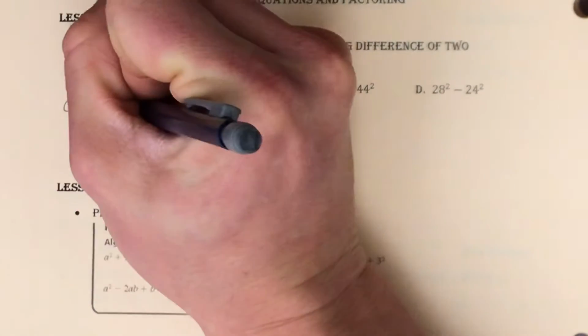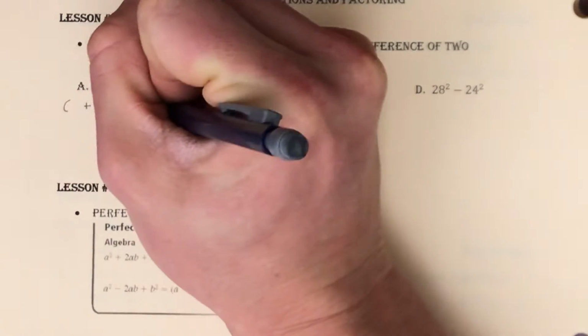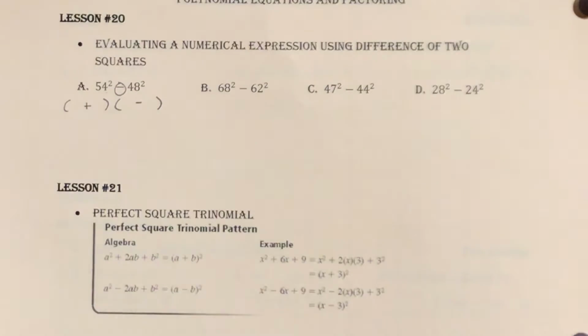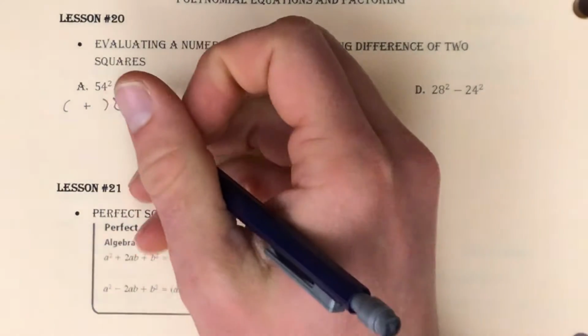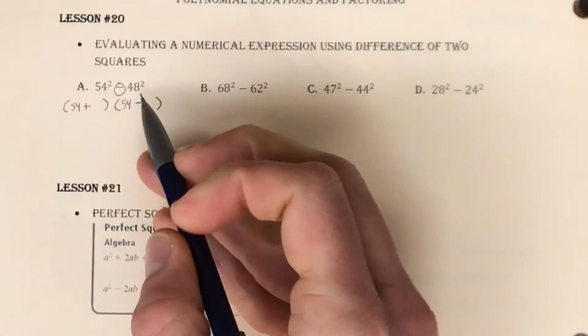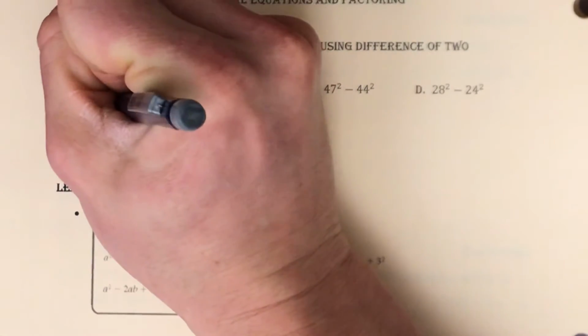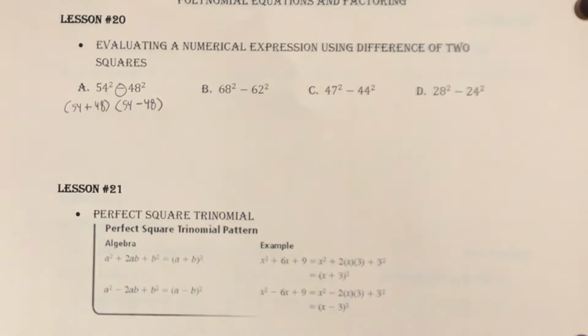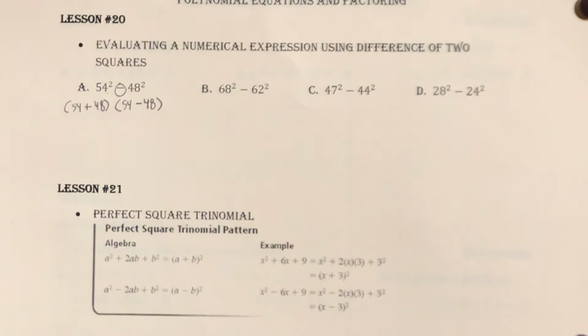First, we've got two parentheses with a plus in between in the first one and a subtraction in the second one. Then we put the first term for the first term of each one, and the second term for the second term of each one. You may be saying, why would I do that? Well, once they're in that form, we can simplify them down and end up with smaller numbers that might be easier to work with.